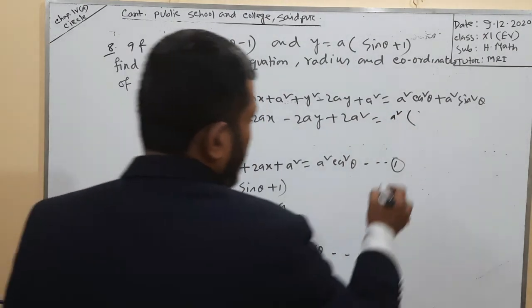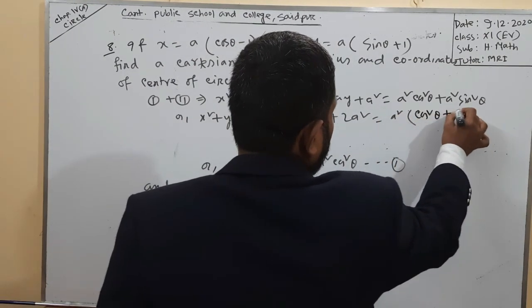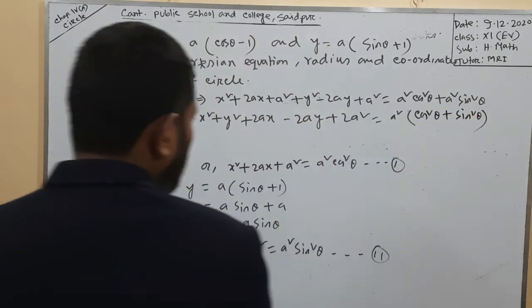If we take common a square, we get cos square theta plus sin square theta.